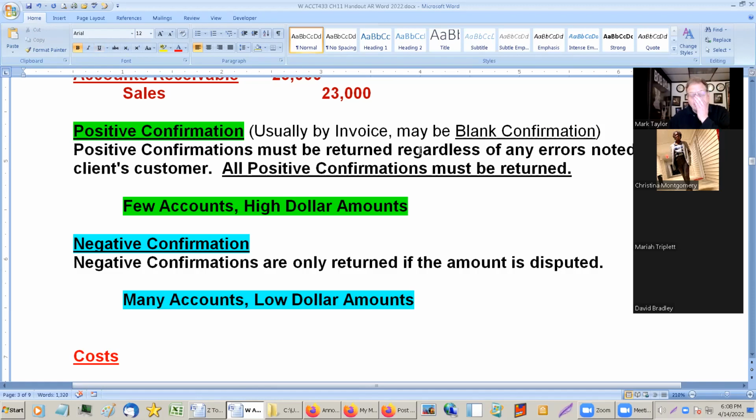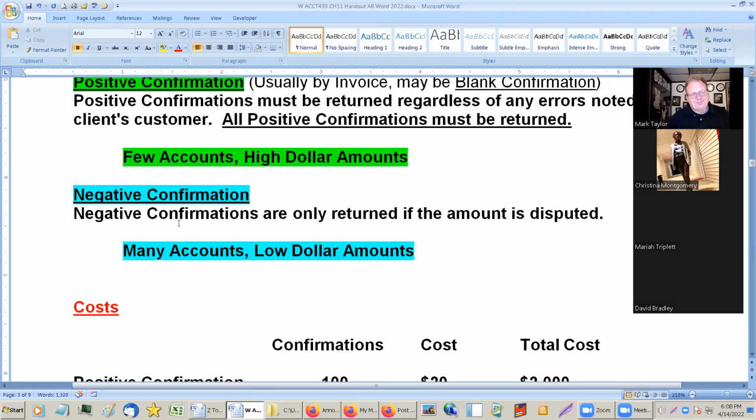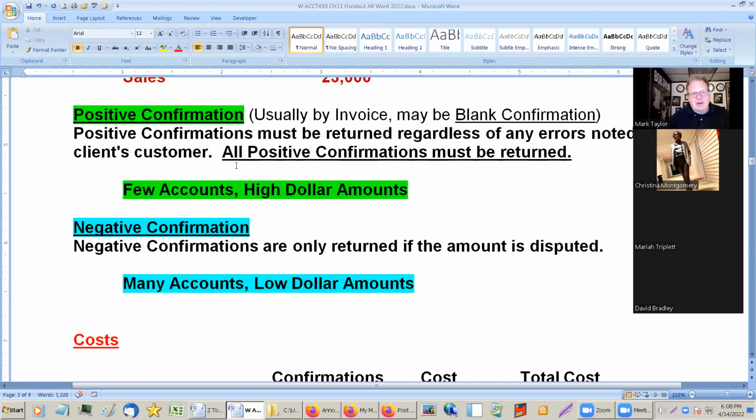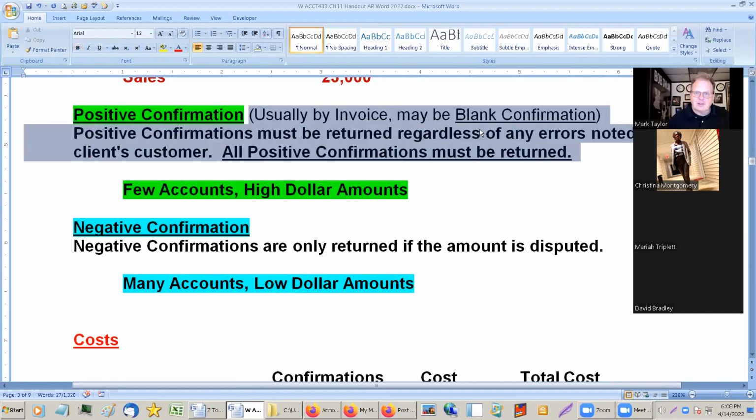I've never seen one, but anyway, and negative confirmations. There is something else about confirmations, and that is, if you don't think that the customers are going to respond to them or respond truthfully to them, you may use other ways of confirming accounts.